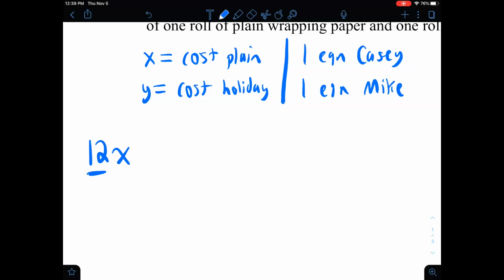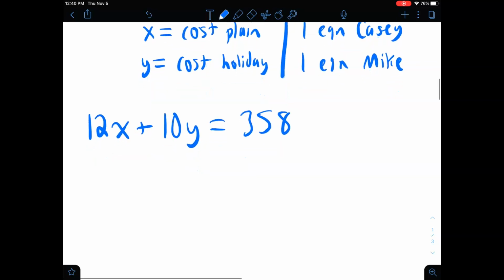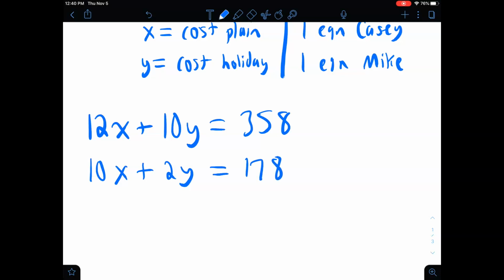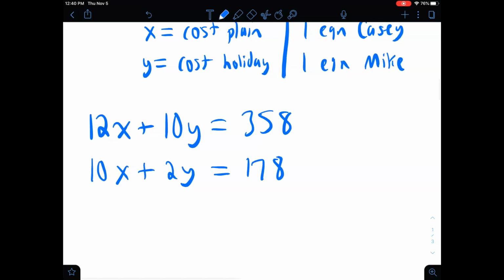Each x is the cost of each plain wrapping paper, so 12 times x, plus, and then we have the holiday wrapping paper he sold, 10y equals the total he earned, $358. And then Mike sold 10x plus 2 wrapping paper times y equals 178.